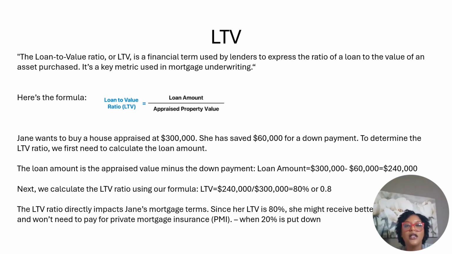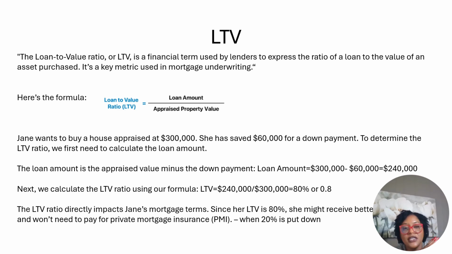So the loan to value ratio. The loan to value ratio is calculated by dividing the loan amount by the appraised value of the property. This is important because lenders assess the risk of lending with this. A higher LTV ratio means a higher risk because it indicates the borrower is financing a larger portion of the property's value.